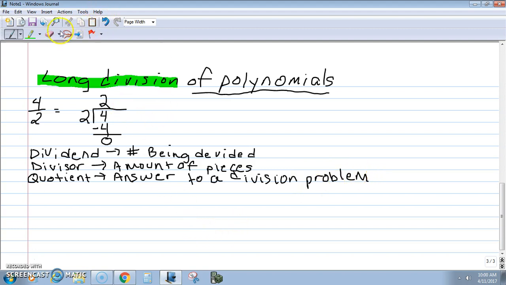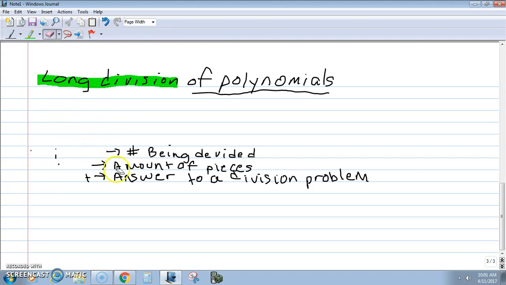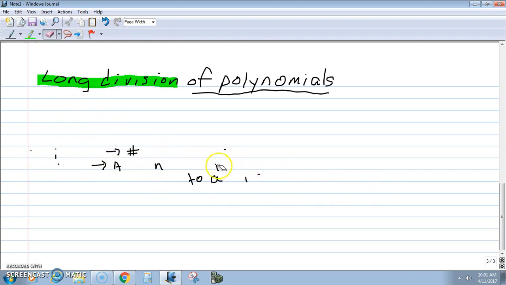Let's try something a little bit harder. Or I hope you guys are up to something a little bit harder. I'm going to erase this. Dividend, divisor. Okay, so let's do bigger numbers before we get into our polynomials, okay? What if we had 523?